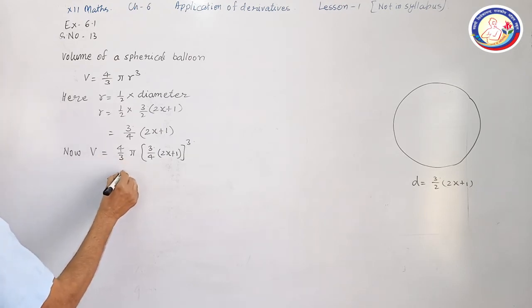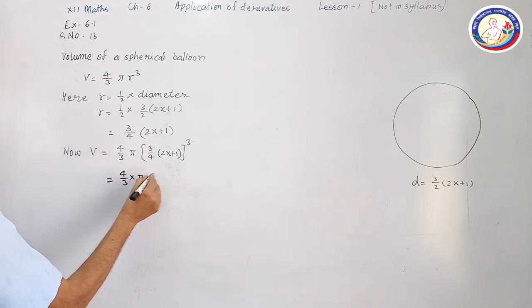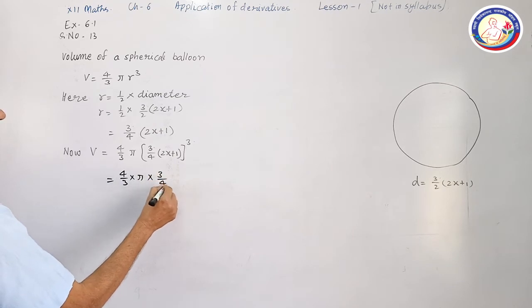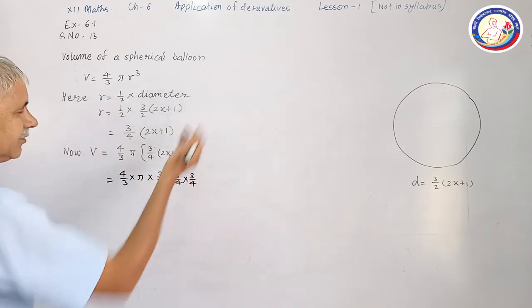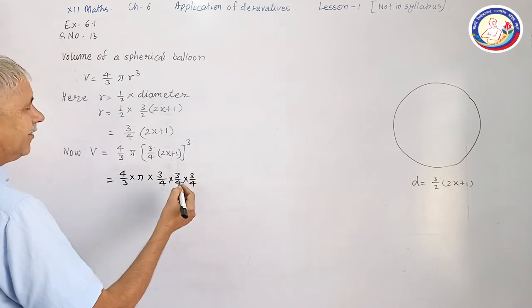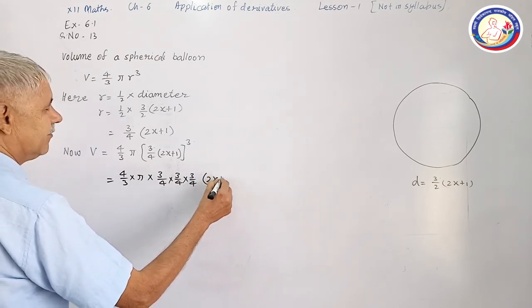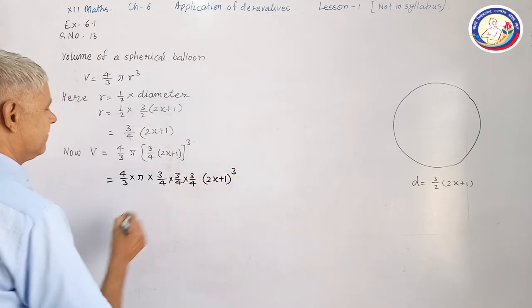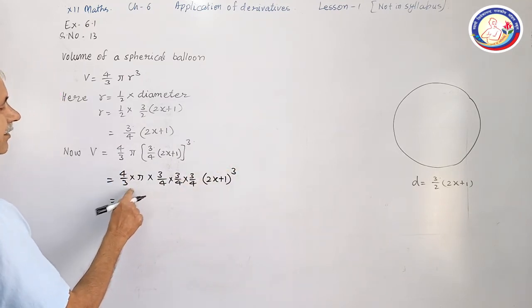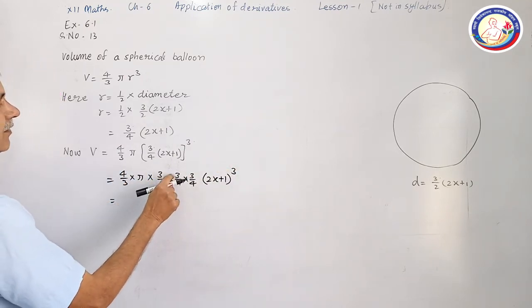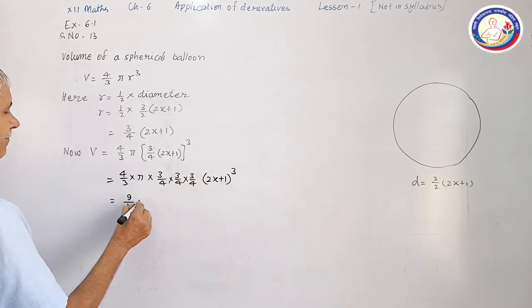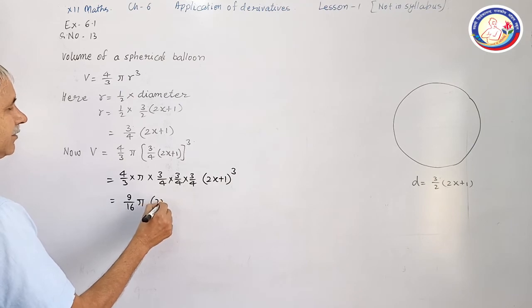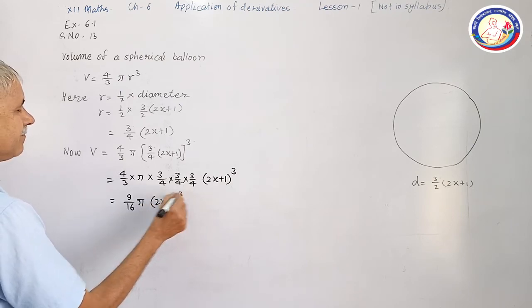This will be 4 by 3 into pi, 3 by 4 into 3 by 4 into 3 by 4. In a simple way you can use another way, and 2x plus 1 with power 3. So 4 by 3 cancels with 3 by 4, and we shall be left with 3 into 3, that is 9 by 16 pi, and 2x plus 1 whole cube.